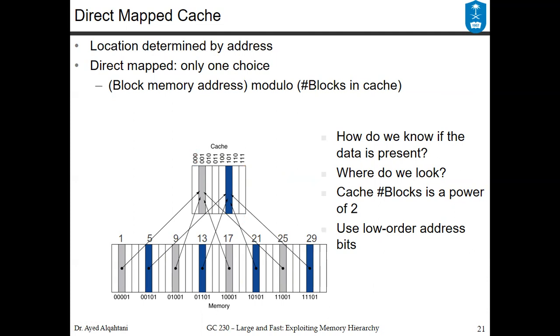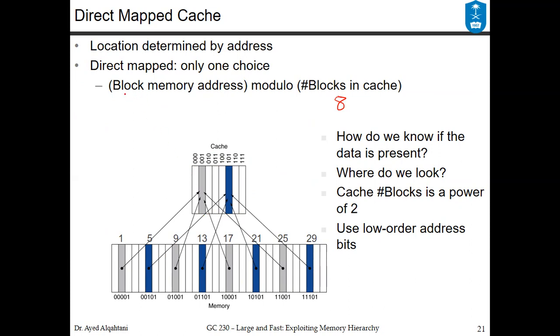What happens is, in direct mapped caches, you have only one choice. And this choice is given by this formula. You have the block memory address modulo the number of blocks in the cache. So in our example, you know that the number of blocks in the cache is 8. We assume that each location here is saving a certain block.